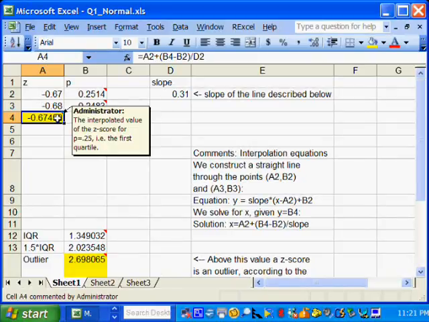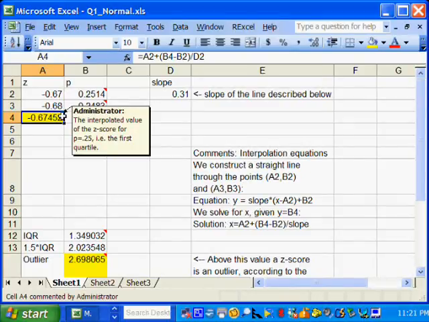It should be noted that the probability distribution for the standard normal variable is not a straight line, but that's the principle of interpolation. I replaced it by a straight line and computed the value of x.